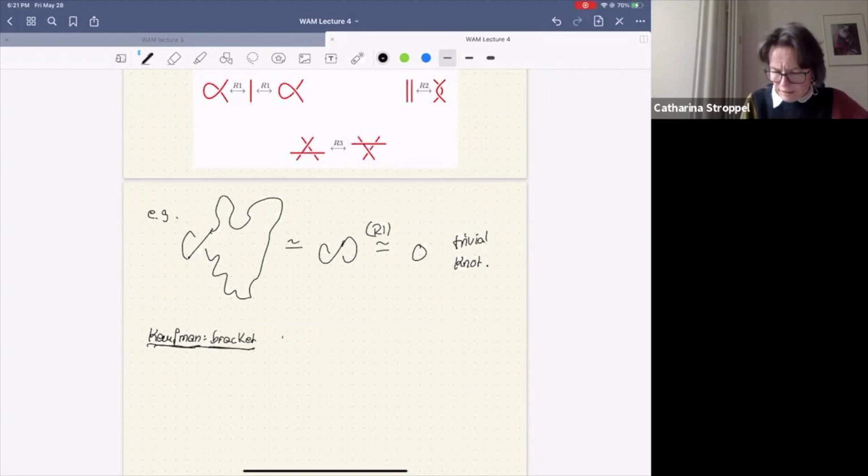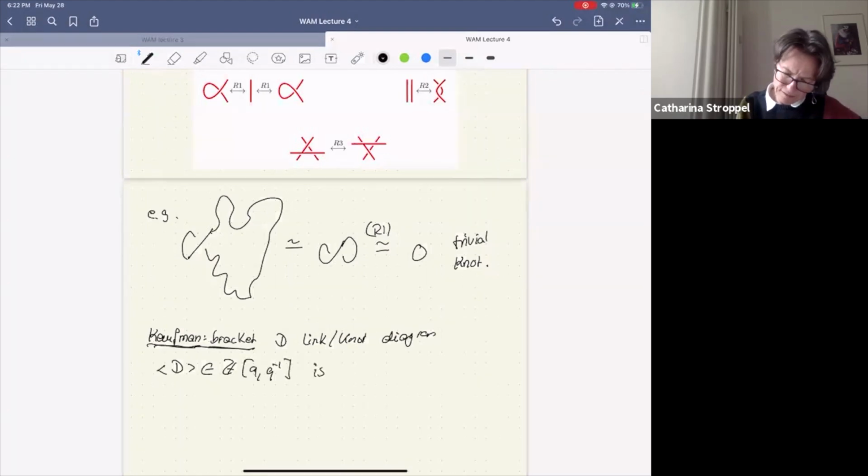So given a link diagram or knot diagram D, we define the Kauffman bracket. That's a Laurent polynomial with coefficients in Z, and it is defined as follows.